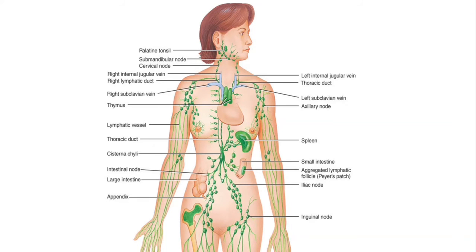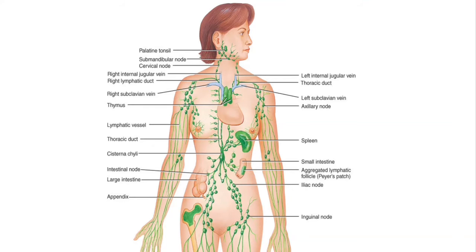Lymph nodes are present all over the body. For example, there are lymph nodes draining the head and neck, and we have gone through these groups of lymph nodes when we talked about the face. And then lymph from the upper limb drains to lymph nodes in the axilla.